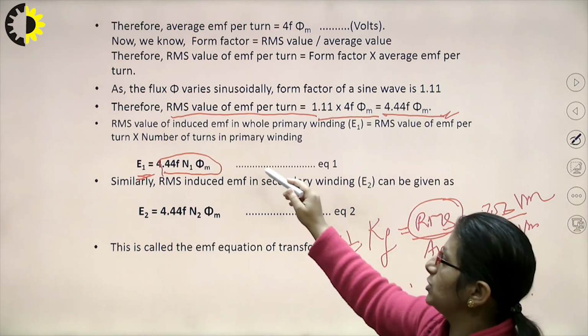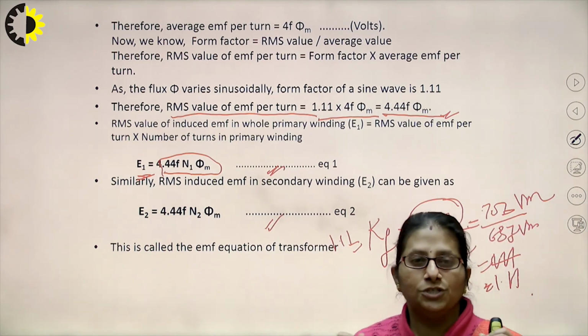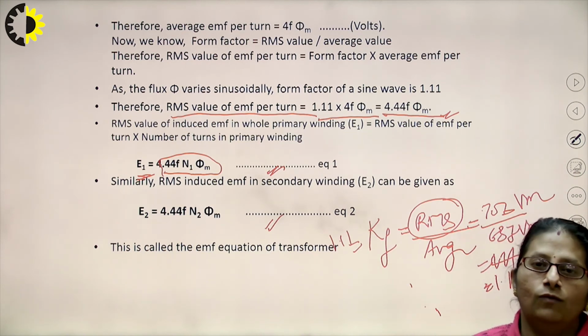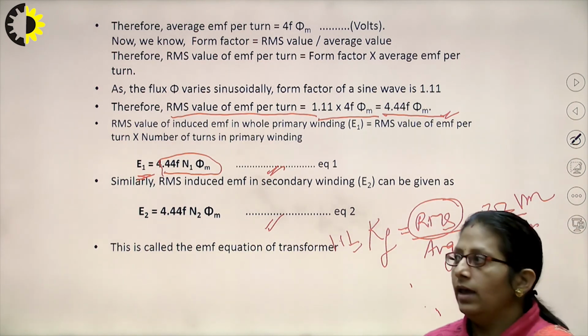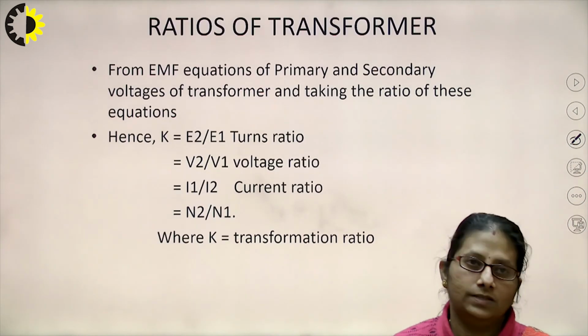So these two equations give me the EMF equation of the transformer, or the generalized equation, E equals 4.44 f phi m N, where N1 is the number of turns in the primary and N2 is the number of turns in the secondary.